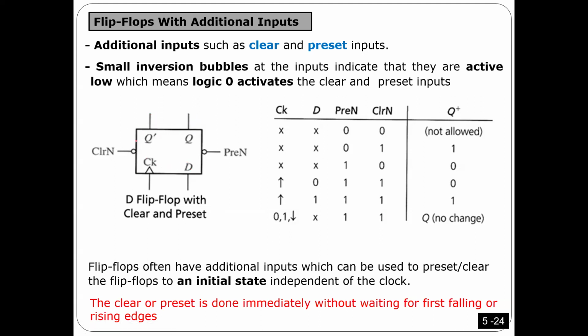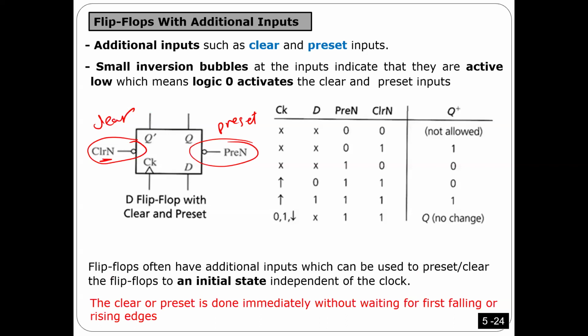For example, here we have one input we call clear, and one input here we call preset. So these two inputs, sometimes you don't have them. It's like a design choice. When you buy a chip, you may or may not find these inputs. It depends on the chip.